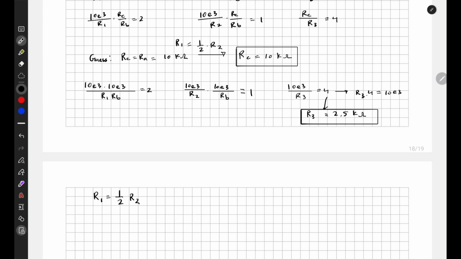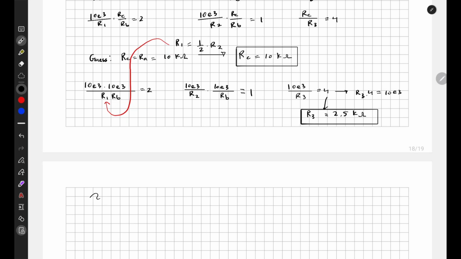And then we have found that RC is equal to 10 kilos. So plugging in for this, okay, it's up here, so just insert that to here.